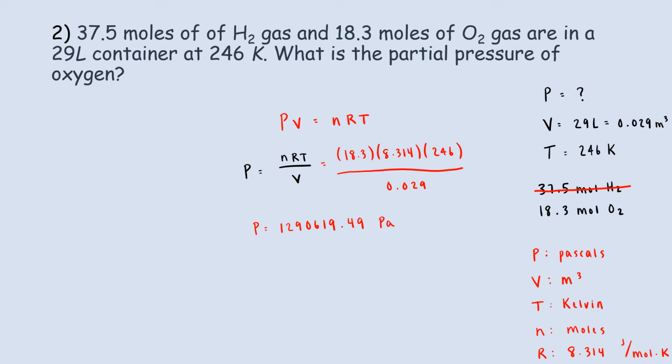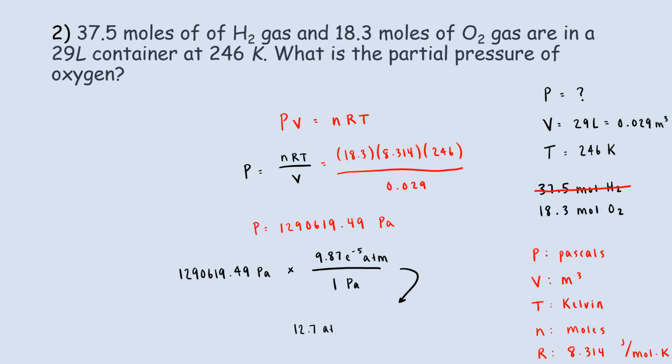So to convert this value to atmospheres, we'll say that this many pascals multiplied by 9.87 e to the negative 5 atmospheres divided by 1 Pascal will be equal to 12.7 atmospheres.